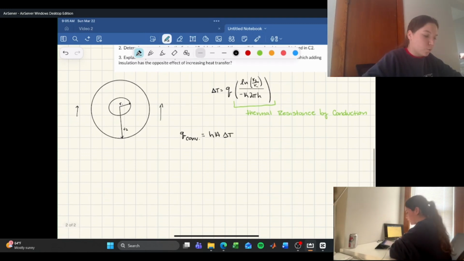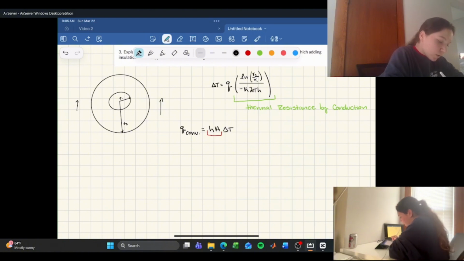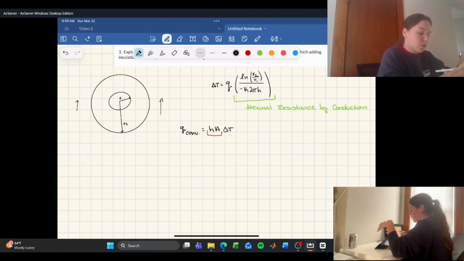And if we wanted to get the resistance section by itself, that's just this part here, because we can manipulate the equation to have the delta T on one side and the Q on the other, to make it look like this equation up here.